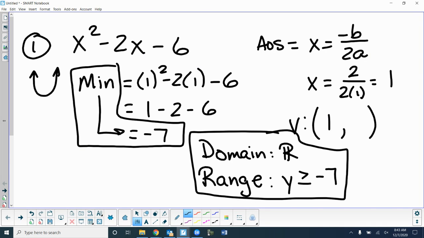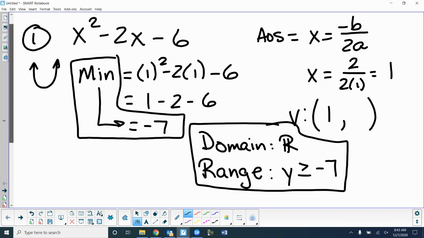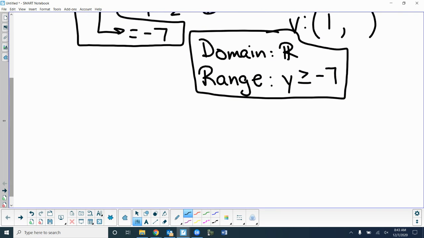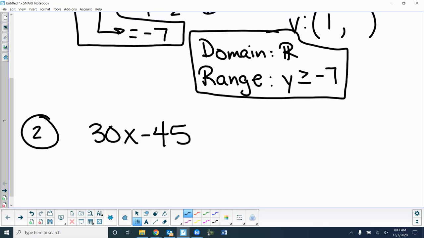All right, number 2. It says find the roots by factoring. Before we factor, we have to set it equal to what? 0, right? So right now, it's not set equal to 0. Okay? So do we like our A when we factor to be positive or negative?